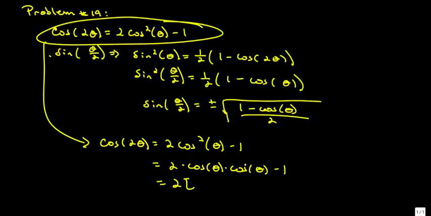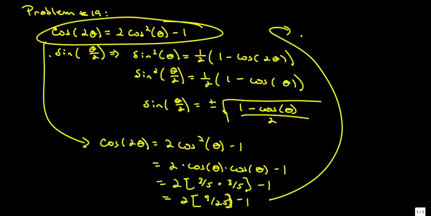Now the cosine of theta is already given to us as 3 over 5. So this is going to be 2 times 9/25 minus 1. So this is going to be 18 over 25 minus 1. So this is going to be 18 minus 25 over 25, which is going to be negative 7 over 25.